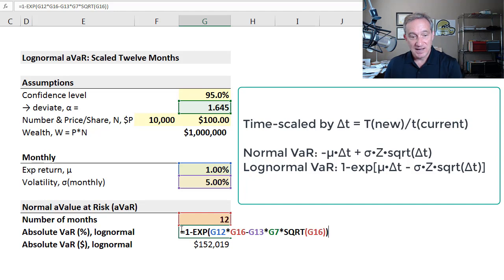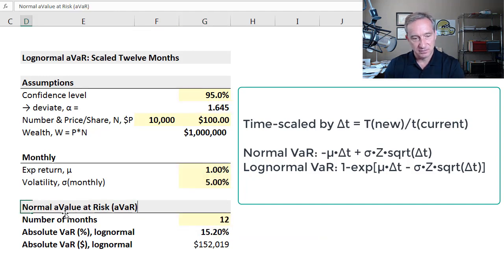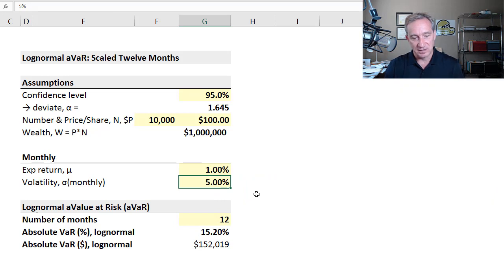So that's my 1 year lognormal absolute value at risk, which I have to update because this is a lognormal absolute value at risk. And now I can test this idea from before.